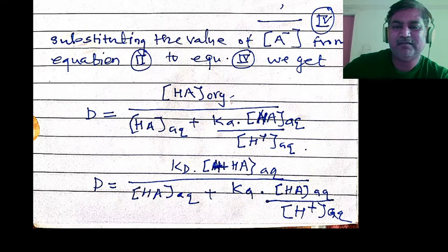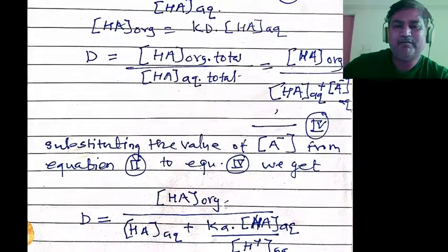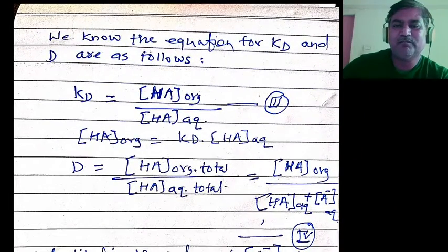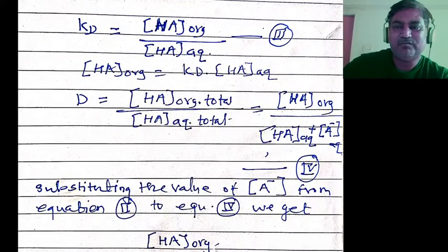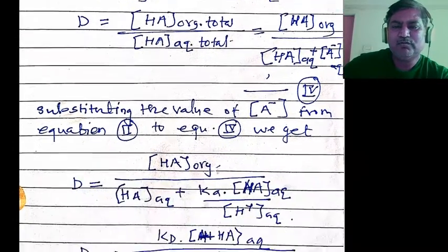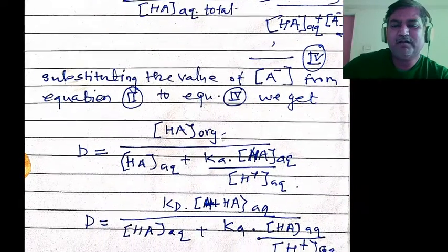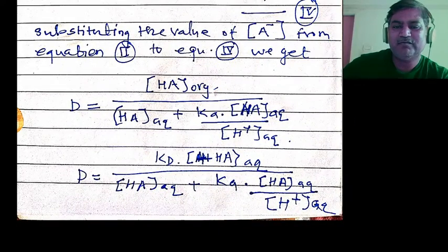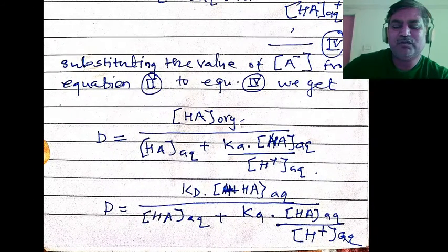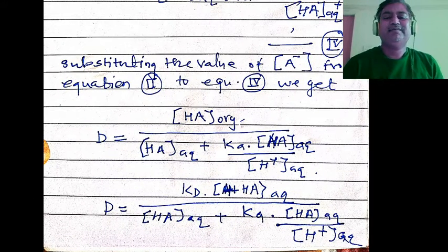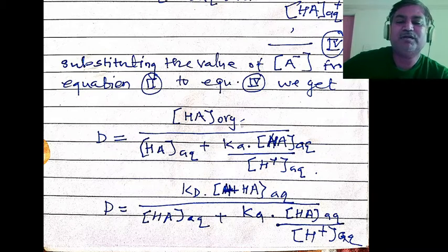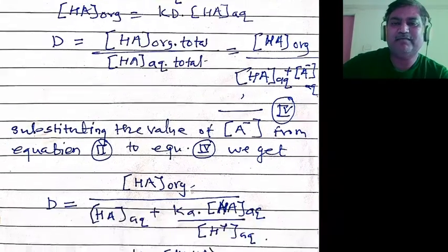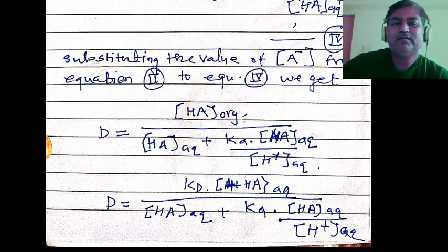The value of HA from equation 3 has been added here, and after that we get this new equation. Okay, again I will show this slide slowly. That is equation 3, the distribution coefficient, equation 4, the distribution ratio. Then making the change of value of A minus into equation fourth, we get this equation, and the next equation is obtained by putting the value of weak acid concentration in organic phase with respect to Kd, from equation 3.